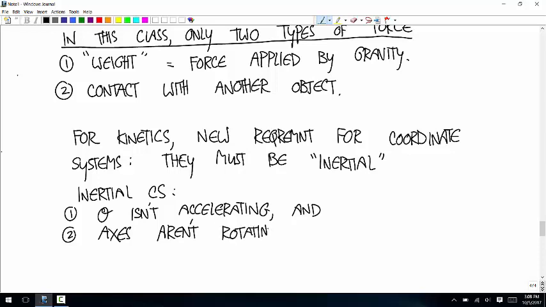Okay, so you can always think of a coordinate system as like a video camera that's taking measurements. And what this says is that to use our kinetics calculations, you could use measurements that you get from a video camera that's fixed to like the wall of a building, and all of the kinetics equations would work.